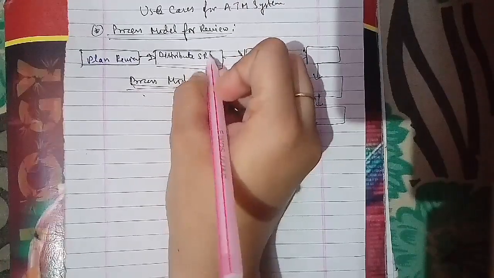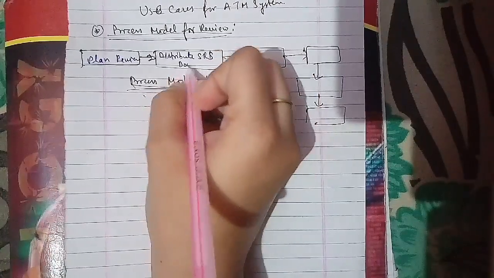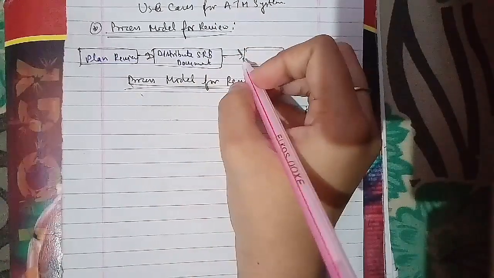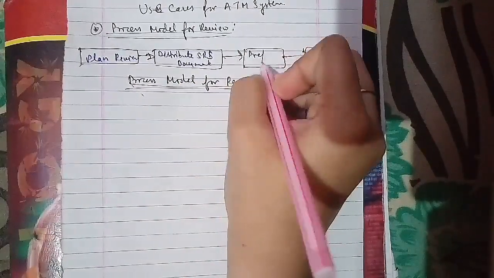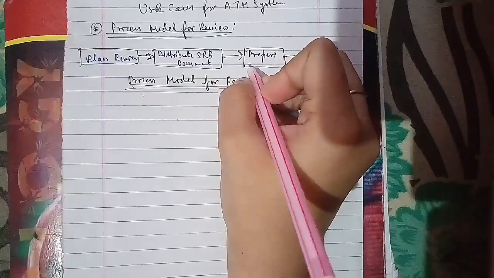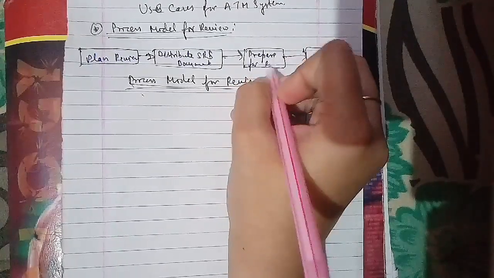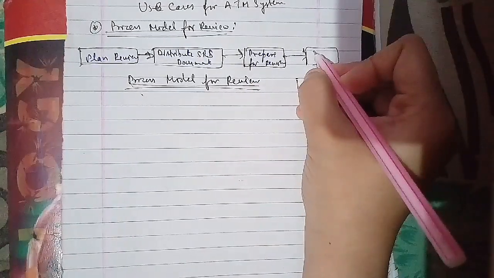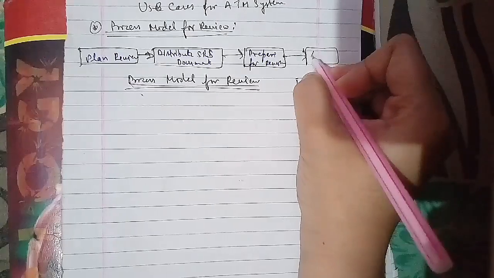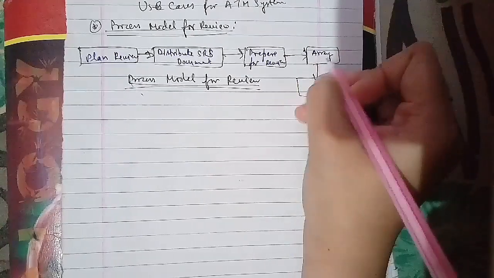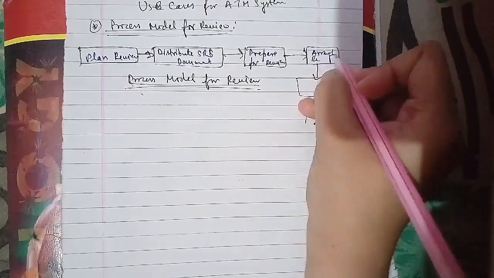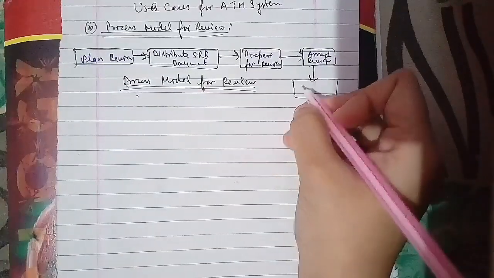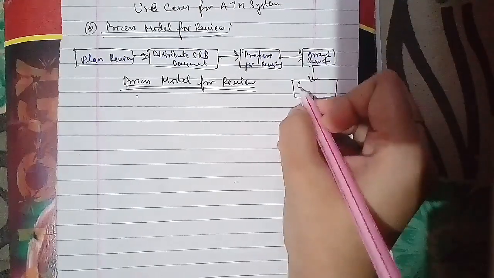In plan review, the review team is selected and the date, time and venue for the review meeting are decided. For distribute SRS document, during the review process the SRS is distributed to all the team members. For prepare for review, every reviewer reads the requirements and identifies conflicts, omissions, inconsistencies, deviations from standards, and any problems in the SRS.